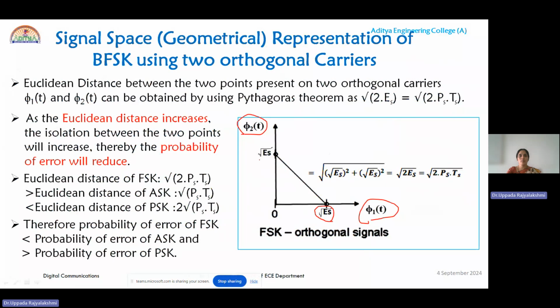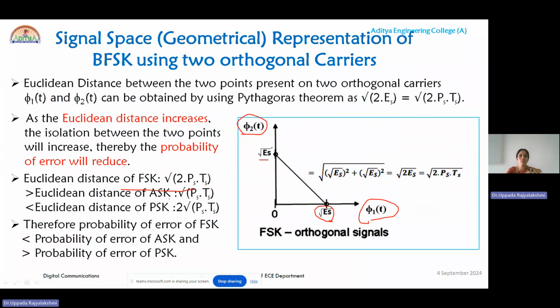Here the magnitude is root E_S for phi2(t), and the same magnitude is for phi1(t), because in the last slide we have seen the expression. So from the Pythagoras theorem, the overall distance is the root of root E_S squared plus root E_S squared, that is root of 2 E_S. So root of 2 P_S T_S is our Euclidean distance.